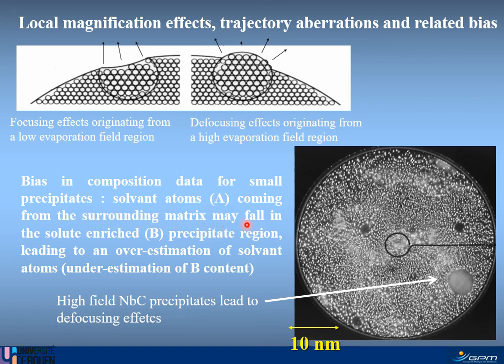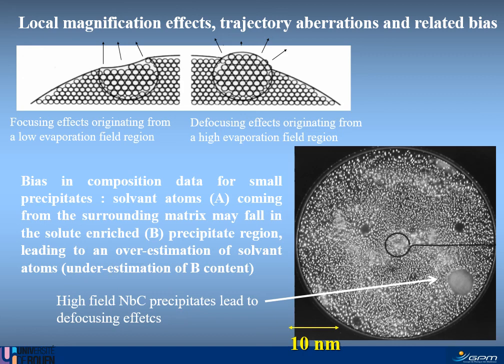These atoms can fall in the precipitate region that is enriched in B, and this will lead to another estimation of solvent atoms. And the consequence is that you will have an atomic fraction of A atoms that will be larger than expected, so a lower atomic fraction of B atoms in the precipitate.